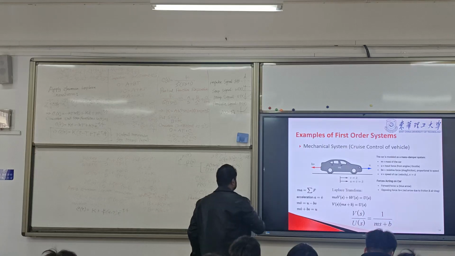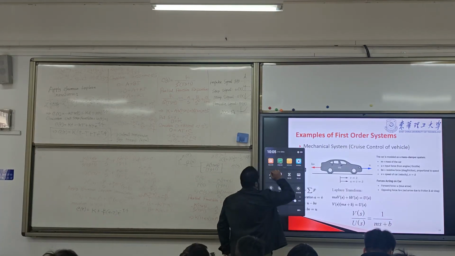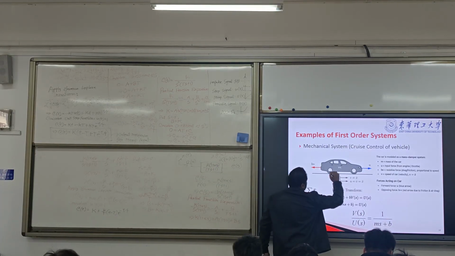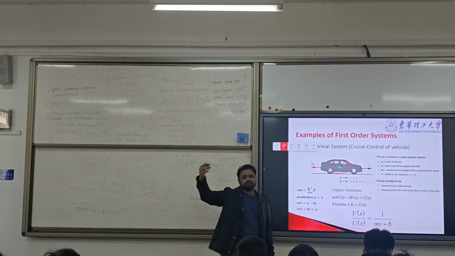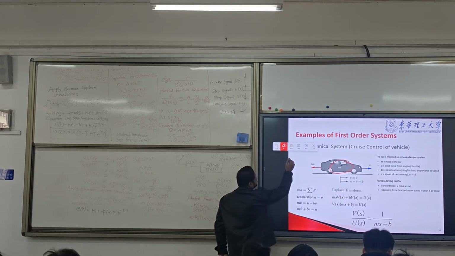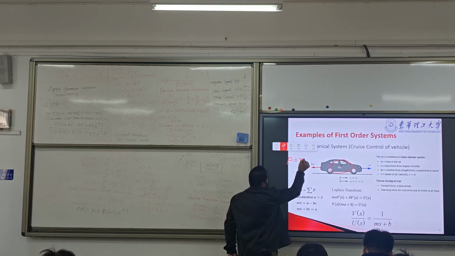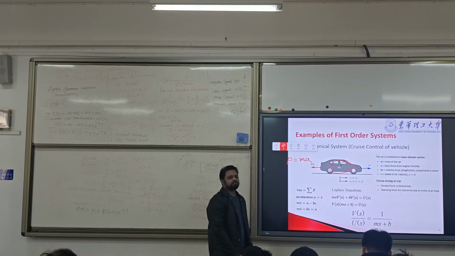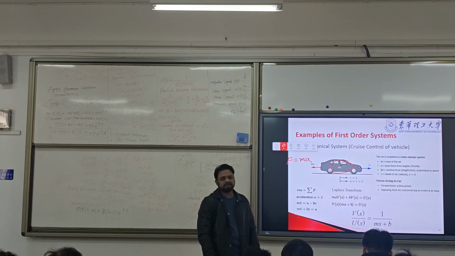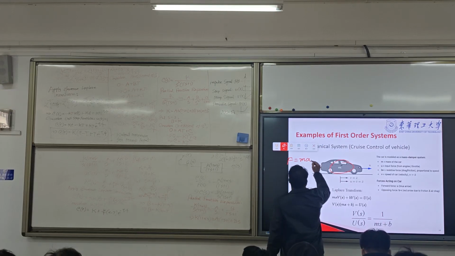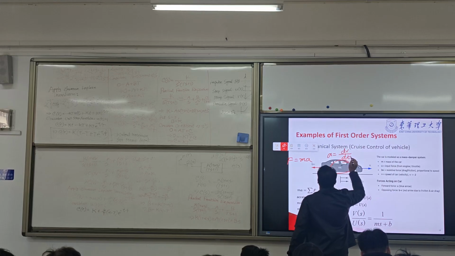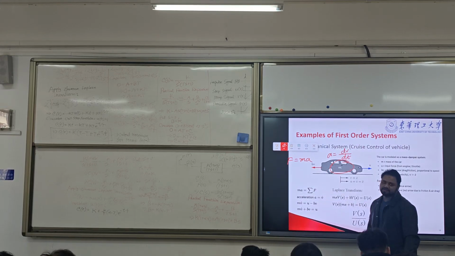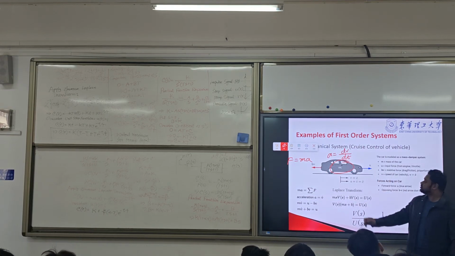Look, there is a mass of this car, mass M. If there is a mass and we apply a force, there is Newton's second law, F equals ma. So what is this a? a is dv by dt, the rate of change of velocity, called acceleration.